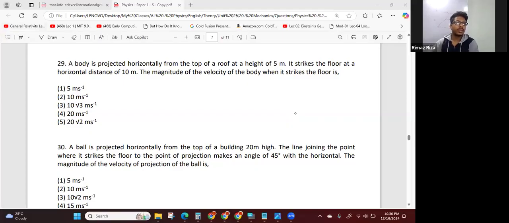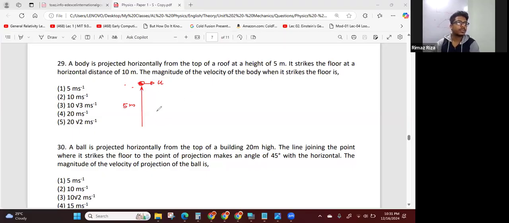From 5 meter height, projected horizontally, so u is the velocity.